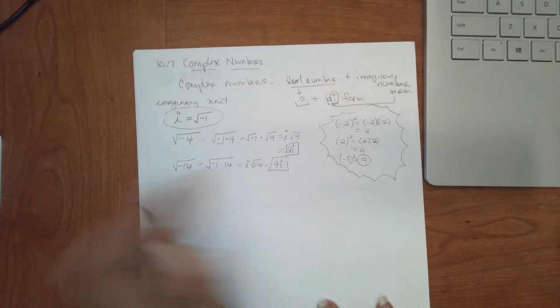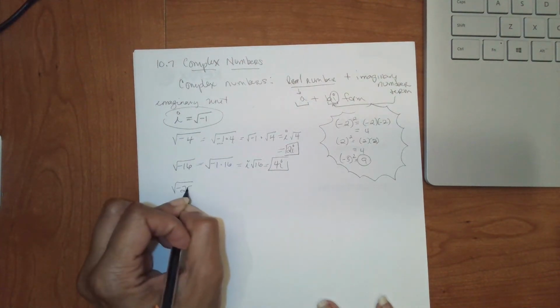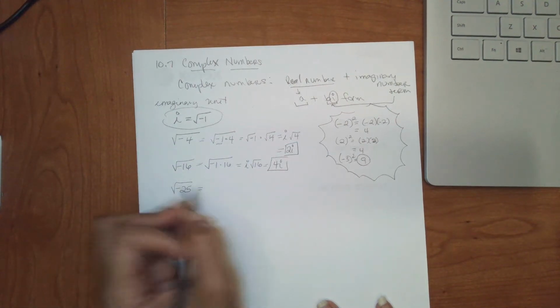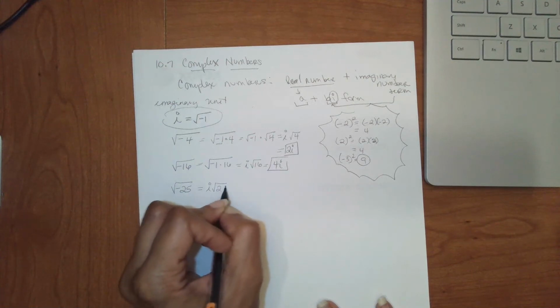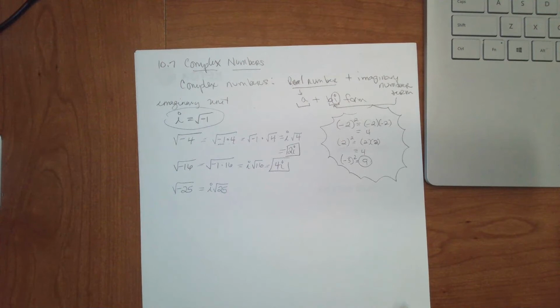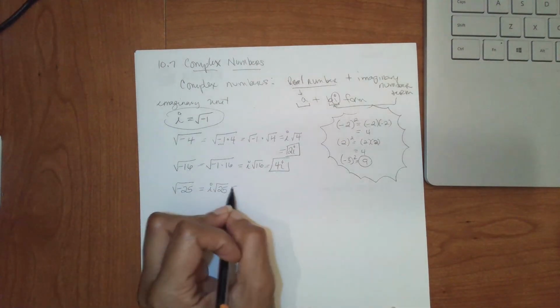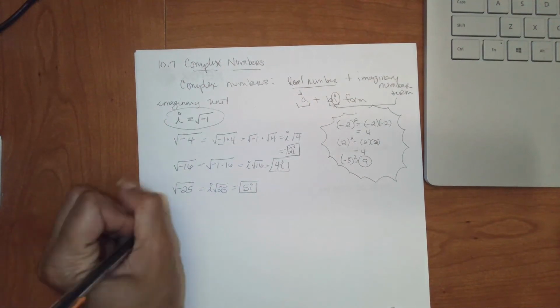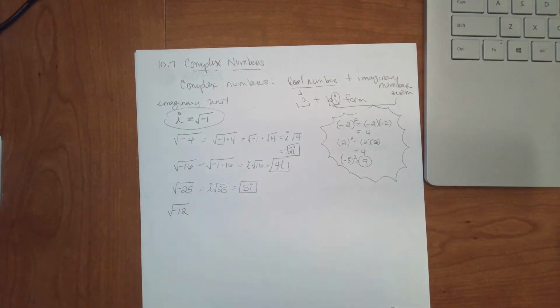I'm taking multiple steps, but if you want to do it quickly, take the square root of -25. As soon as I see a negative under the square root, I automatically pull out the imaginary i. Then I'm left to simplify the square root of 25, which is simply 5. So I have 5i as my answer. Now the square root of -12.